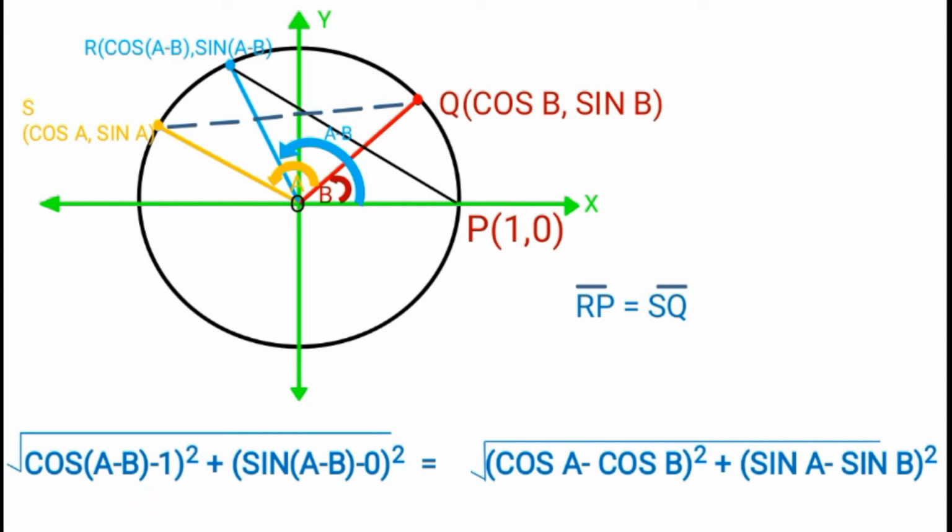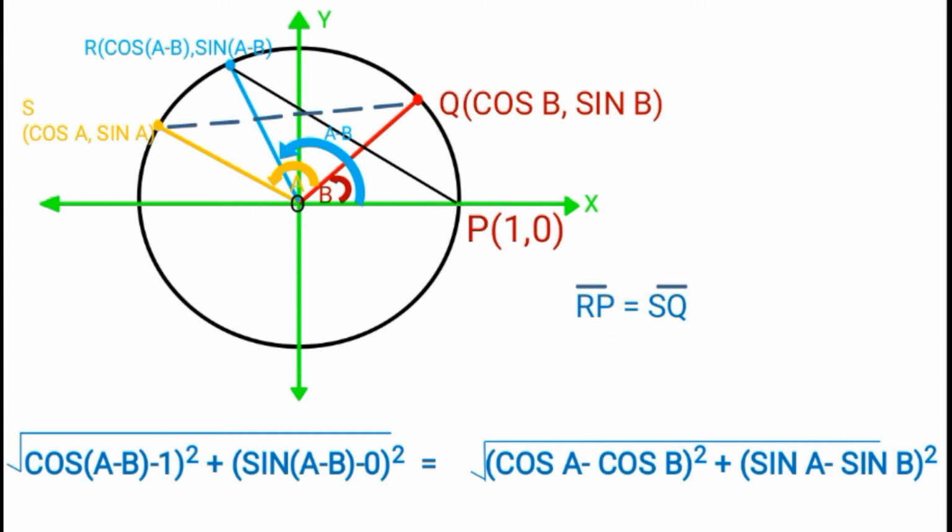That would be the x value minus the other x value, squared. This is strictly from the distance formula. If you don't remember it, then you need to go refresh your memory. Then plus the sine of (A minus B), this y value for R, minus the y value for P, which would be sine (A minus B) minus 0, squared. All of this represents the distance between R and P.